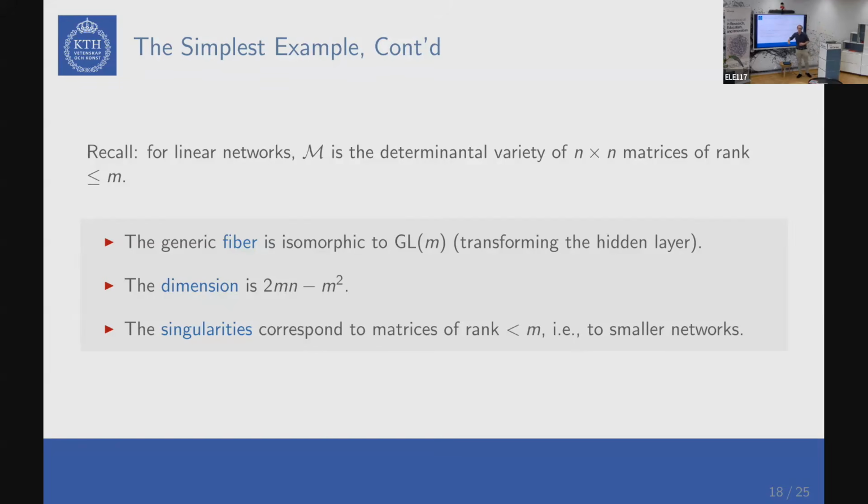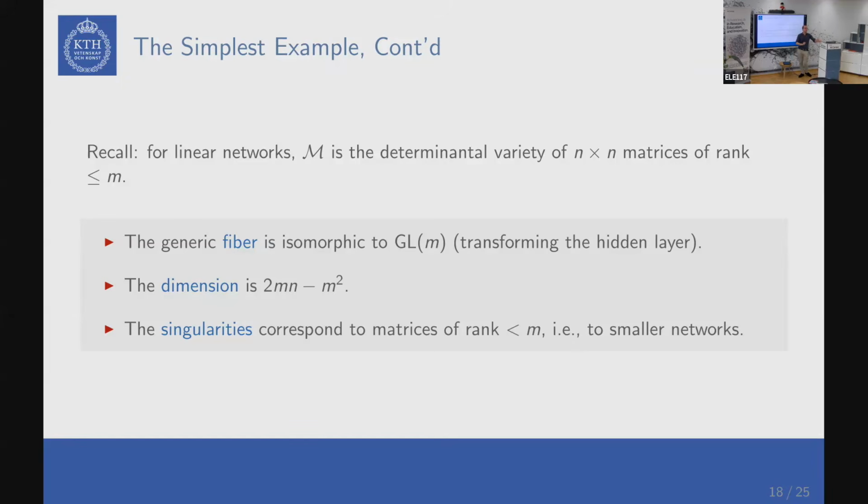The dimension of the neuromanifold, which is essentially, if you want to relate it to the sample complexity of low rank matrix approximation, learning on this neuromanifold, is the number of parameters, so 2 matrices n times m, minus the dimension of the generic fiber, m squared. Most importantly, the singularities of this space, we understand them very well, correspond to matrices of even lower rank.